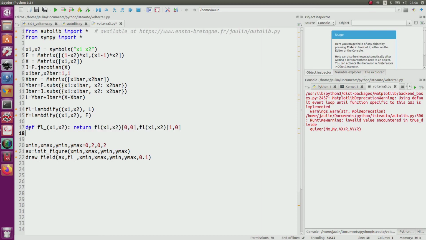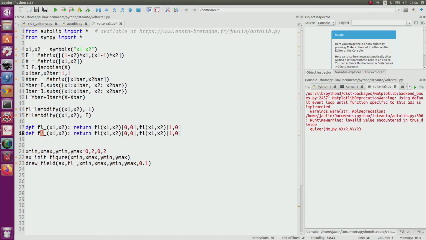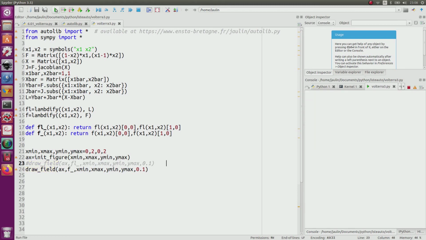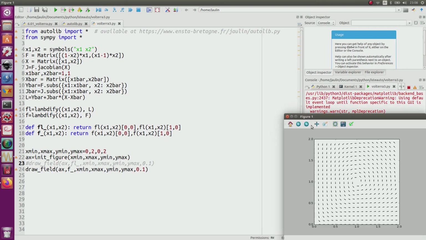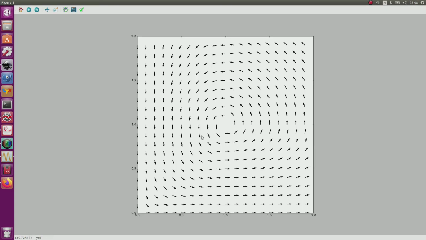Again, I will define the function f underscore from this one, which takes the two arguments, and from this I will be able to draw this function. I draw it, and I can see the function f.